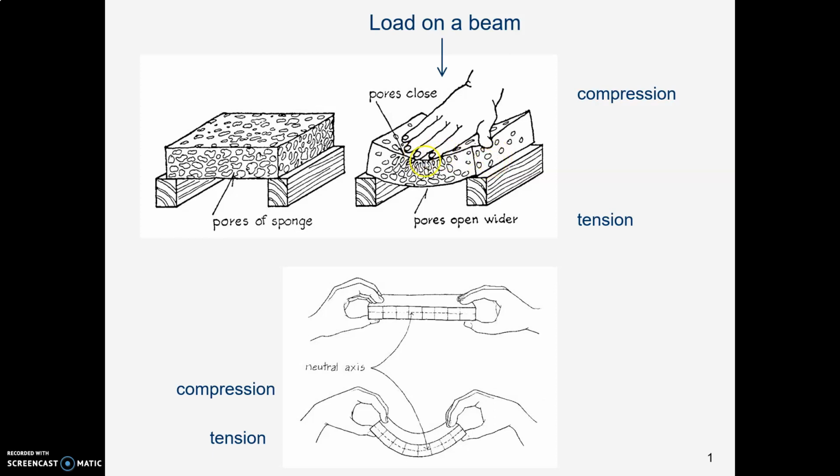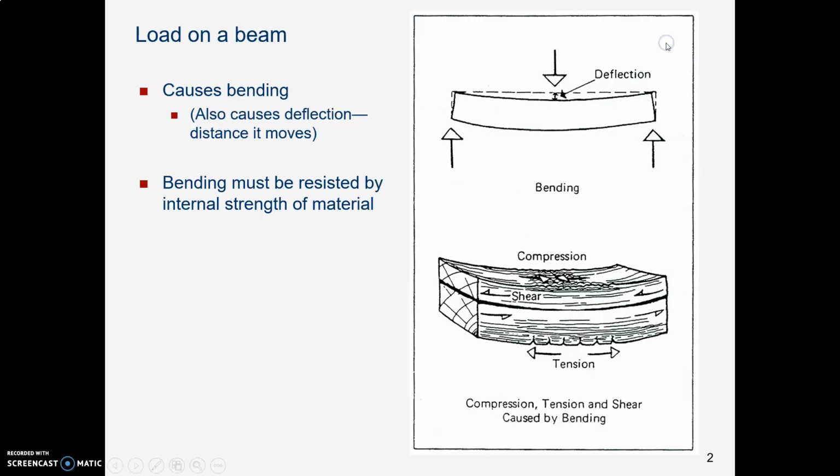So if you push down on that sponge like a beam, you'll notice that the holes in the sponge get close together at the top, the compression, and they get stretched out wider apart at the bottom, the tension. And we looked at that last term when we talked about trusses, I think.